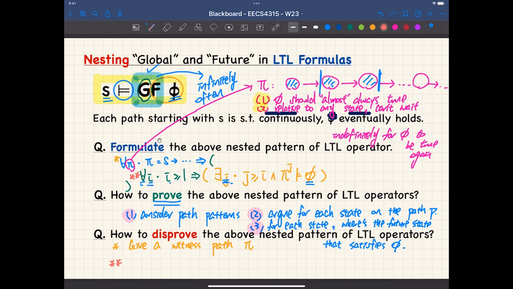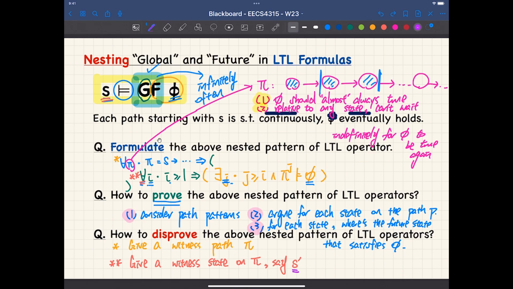And then, how do we disprove universal? We've got to give some witness as well, witness states on pi. Let's say this witness state is called S prime, because we already have S over here. Let's not get confused. And then after that, for this particular witness state, S prime, we're going to use it to disprove existential.